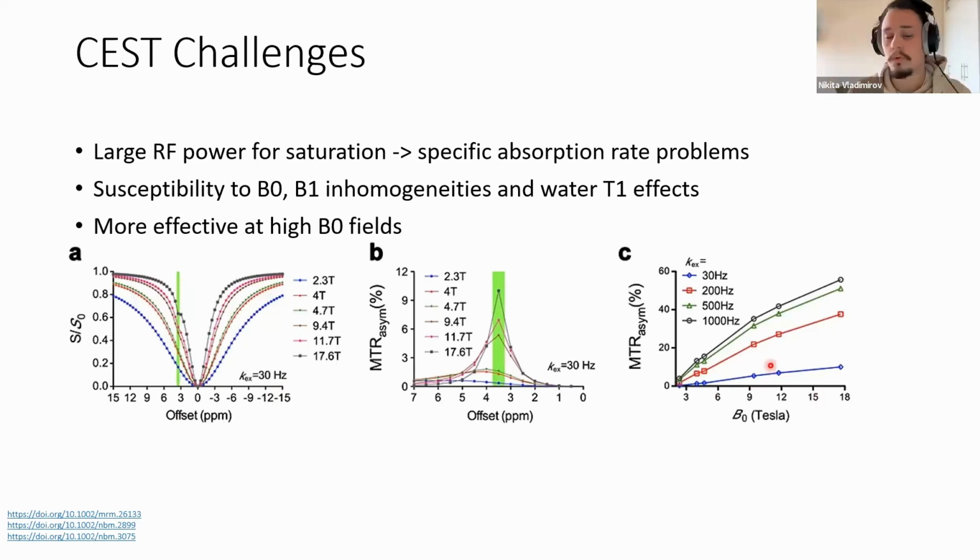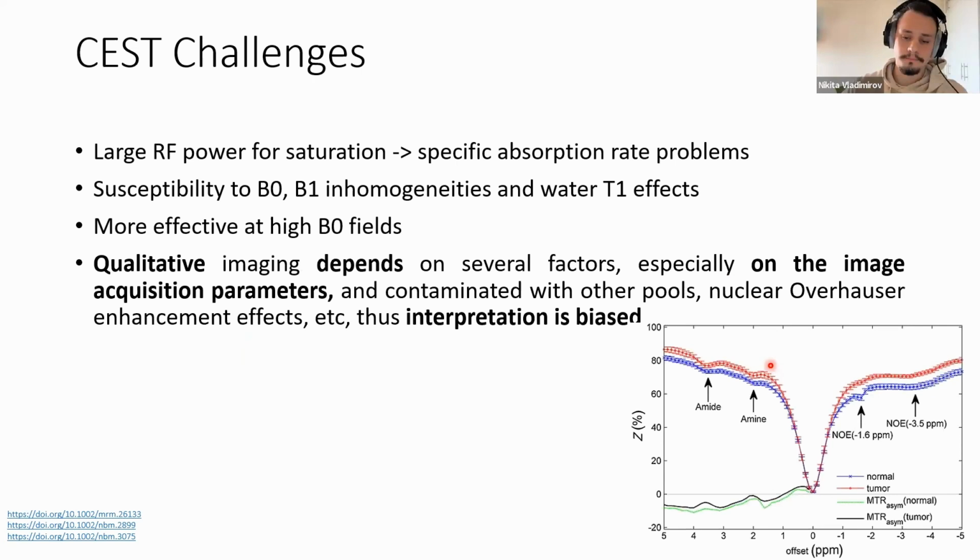So if we have a low field like 3 T, we can see only those metabolites which have a relatively high exchange rate.